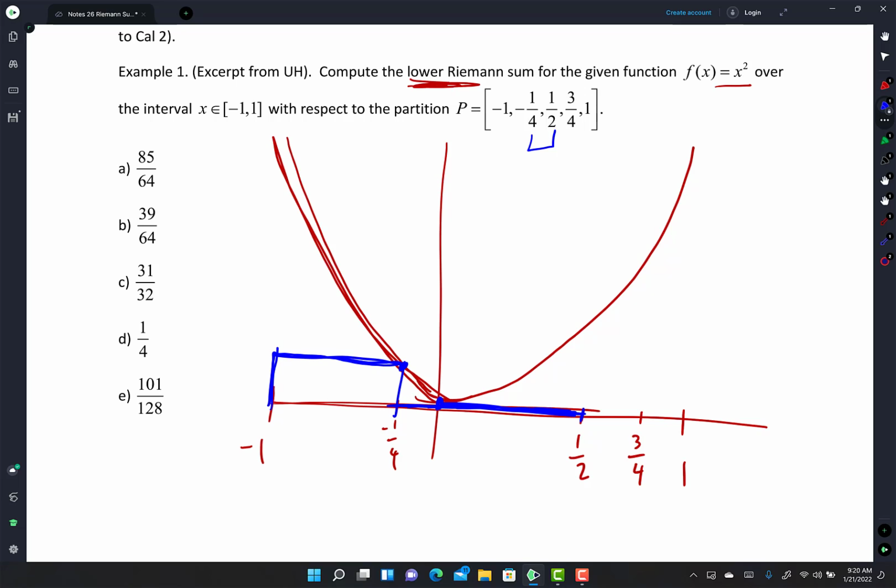We're doing lower Riemann sum, so this is probably why it's not tested on the AP. Instead of looking at the value, the shape of the curve, the lowest point on the curve. Between 1/2 and 3/4, where do I have my lowest point? 1/2, so here is my third rectangle.